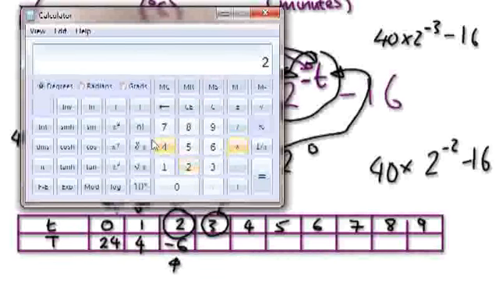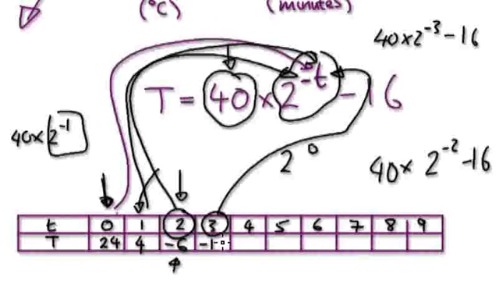So it will be 2 to the power of minus 3 equals this, and then times 40 equals, and then take away 16 equals this, equals minus 11. Minus 11. Okay, and then you would continue all the way to 9 minutes.